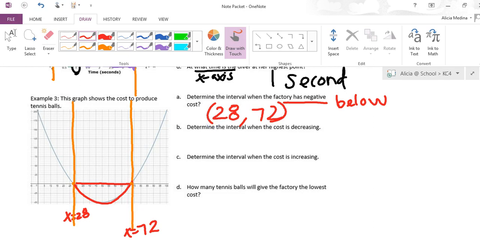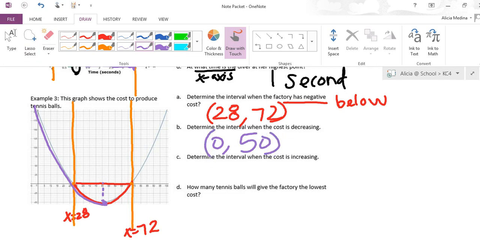Determine the interval where the cost is decreasing. So where is this going down? Decreasing from here up until this vertex point. So this is going to be from 0 until that vertex point, which happens to be at 50.